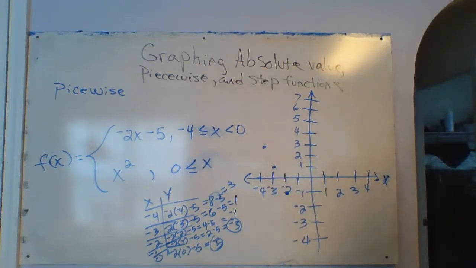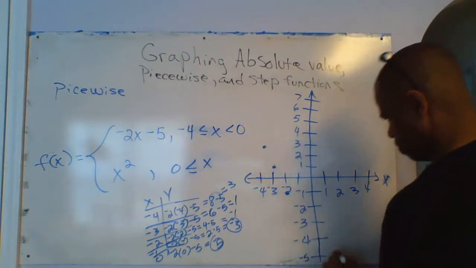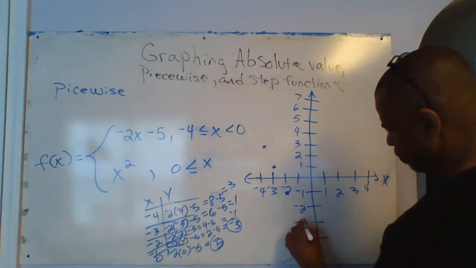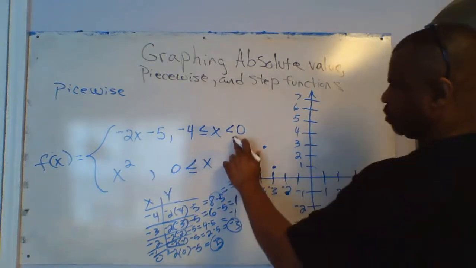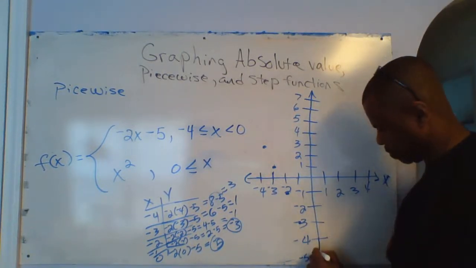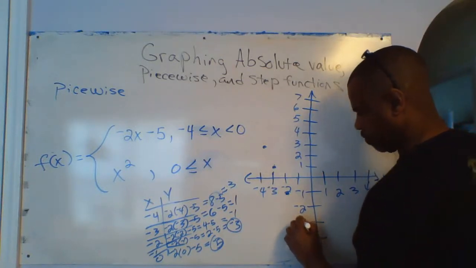And we have 0, negative 5. Oh, and negative 1, negative 3. Since 0 is not included, we're going to put an open circle here. Then we're going to connect this linear function.